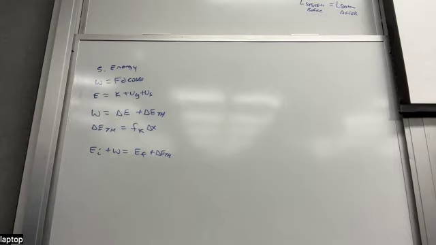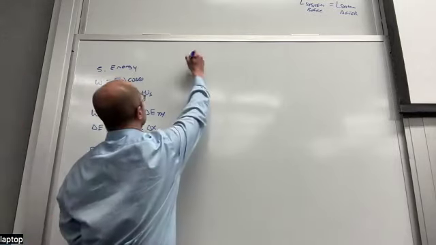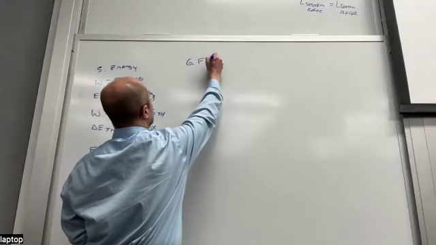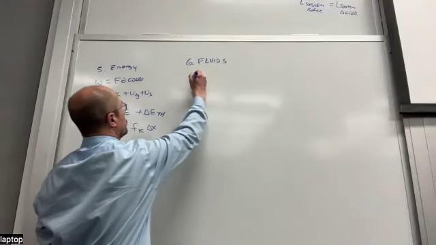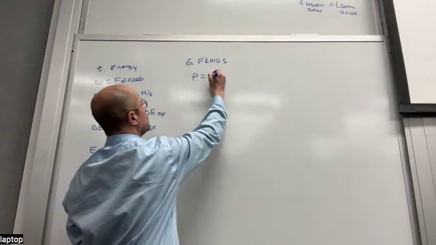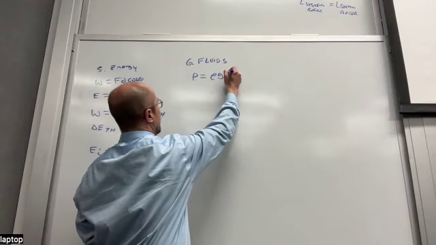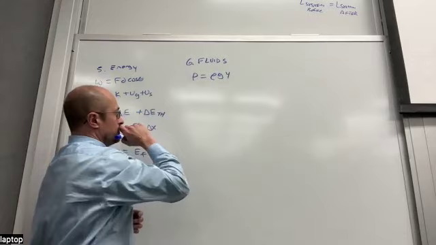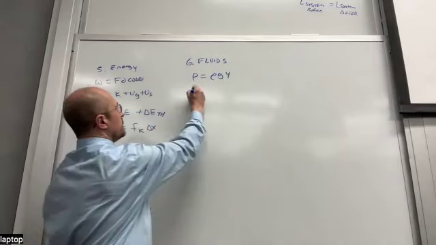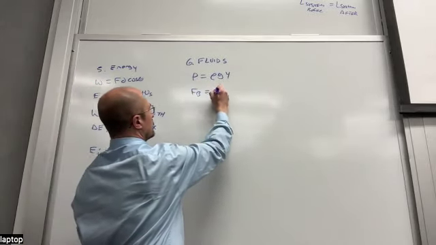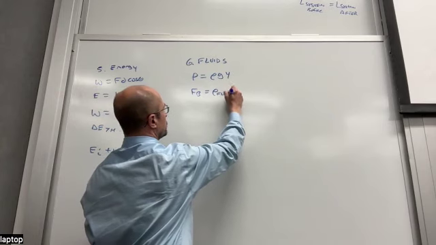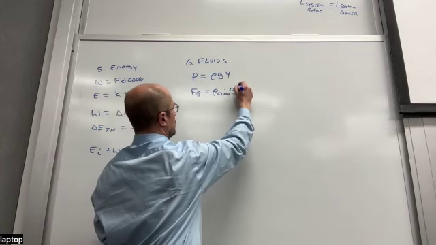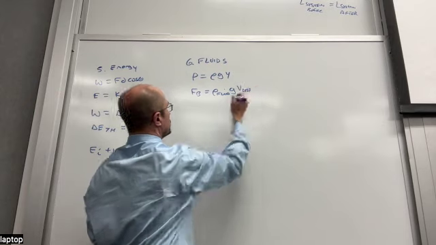And then the 6th one is under fluids. So we had pressure in a fluid is rho g depth, or y. We then had buoyant force is rho of the fluid g V displaced.